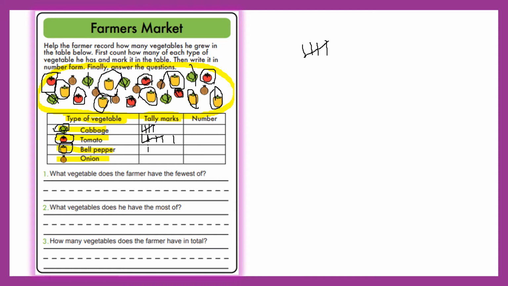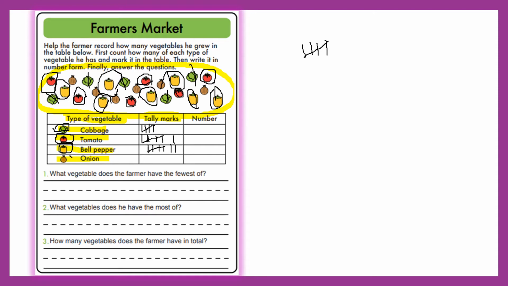So there's 1, 2, 3, 4, 5 goes across, 5, 6, and 7. All right, now last we have our onion, right?